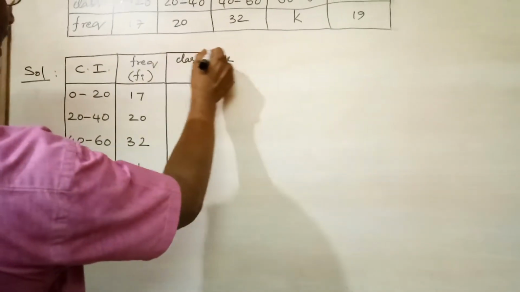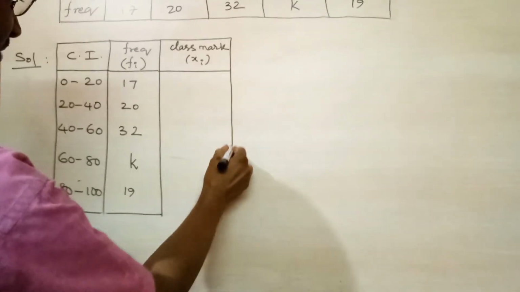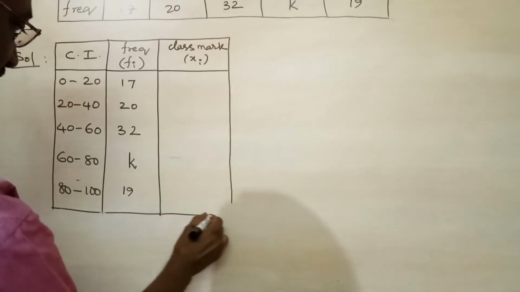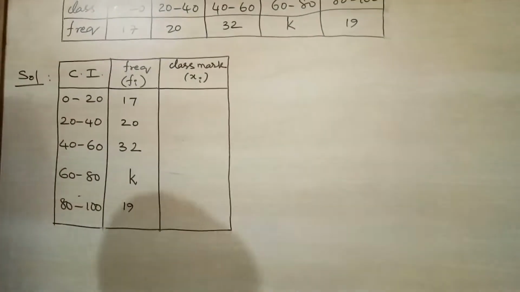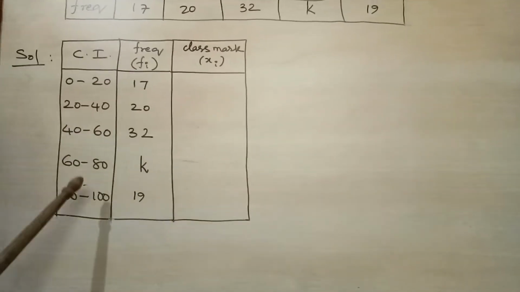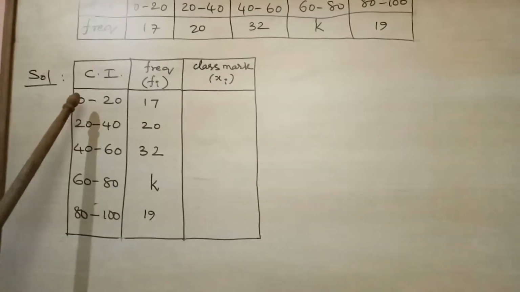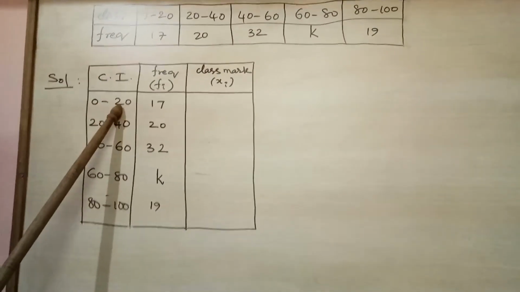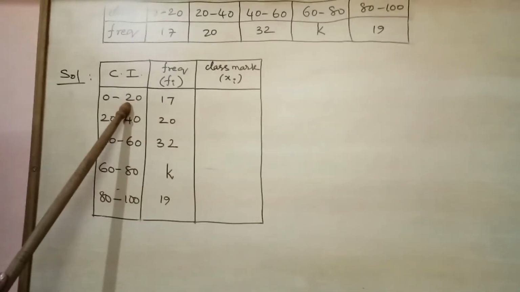Class marks means mid values of the class intervals. To find the class marks, add the lower limit and upper limit and divide by 2.